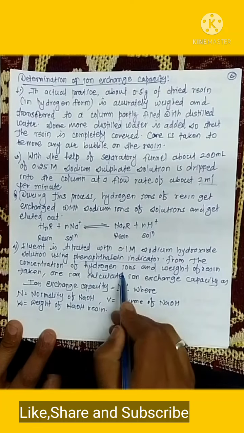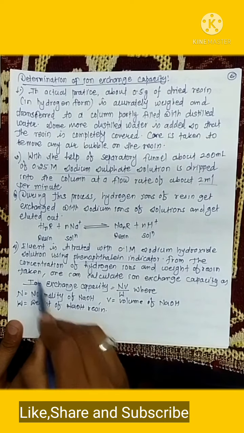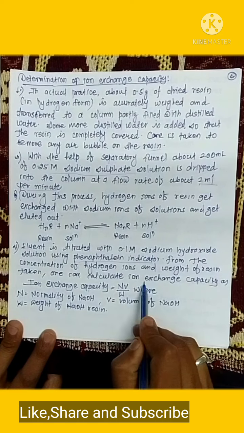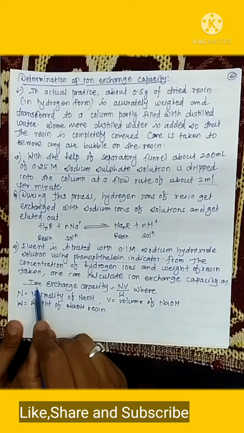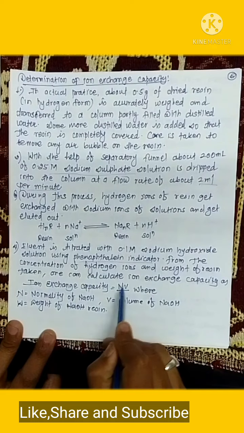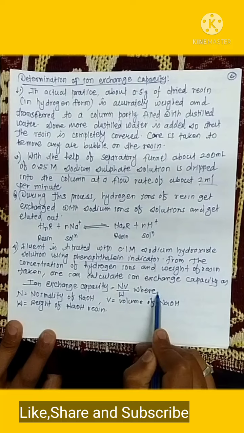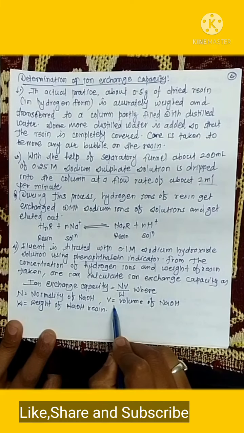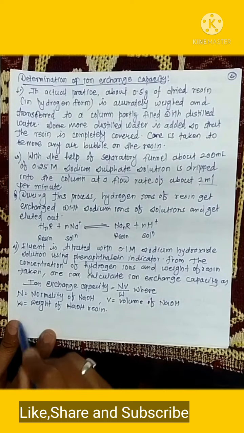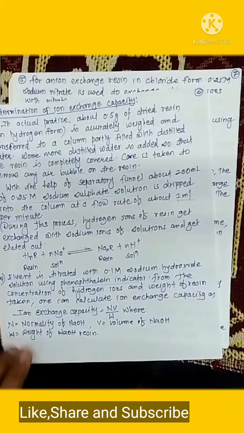From the concentration of hydrogen ion and weight of the resin taken, one can easily calculate ion exchange capacity from the following formula. Ion exchange capacity is equal to N multiplied by V divided by W, where N is normality of NaOH, V is volume of NaOH, and W is weight of the resin.